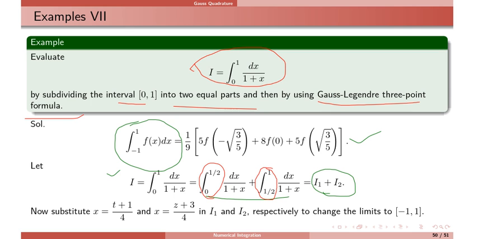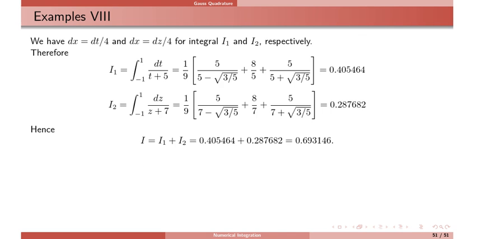By taking the linear transformation x equal to (b minus a) by 2 t plus (b plus a) by 2, we fit x equal to (t plus 1) by 4 in the first and x equal to (t plus 3) by 4 in the second. These change the limits to minus 1 to 1. Also don't forget to change dx in both integrals.